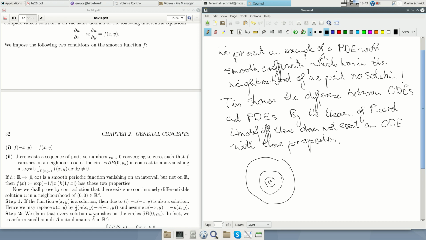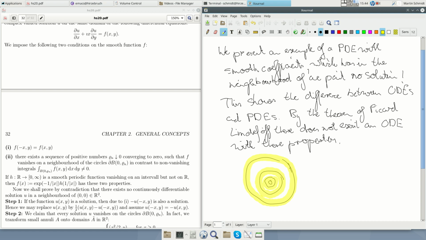So in a tubular neighborhood of these circles, maybe I write this here, in a neighborhood they vanish. Of course, these neighborhoods should become smaller and smaller such that they do not overlap.